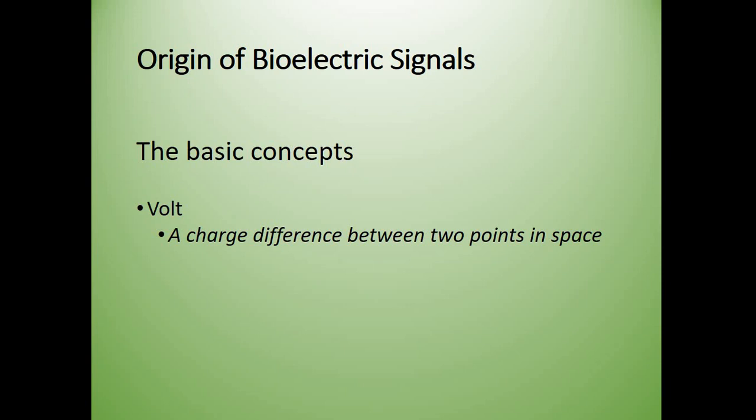Now, this idea of electricity being generated in the body dates back to the 17th century, when an Italian anatomy professor, Luigi Galvani, claimed to have found electricity in the muscle of a frog's cell.